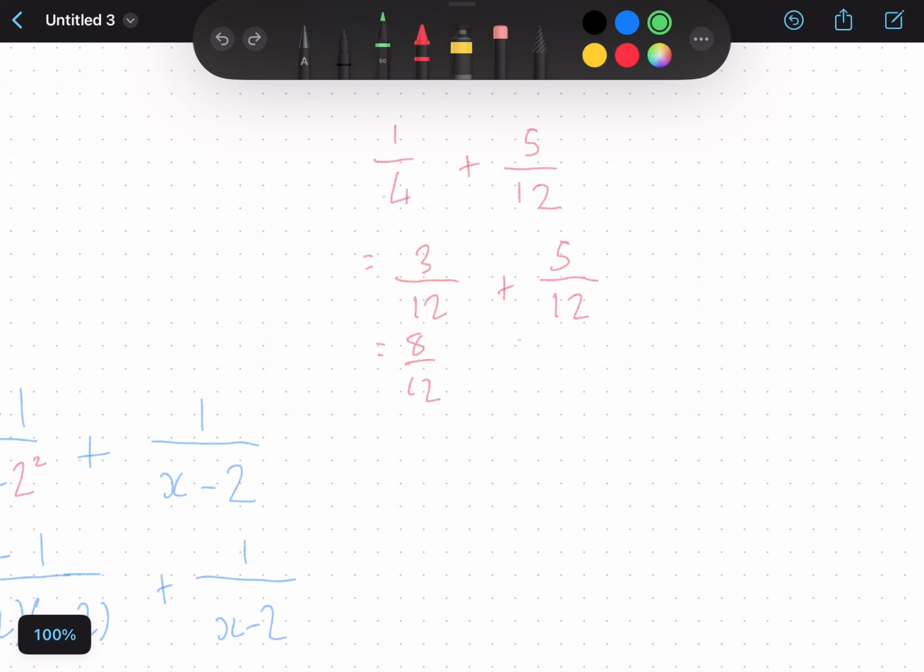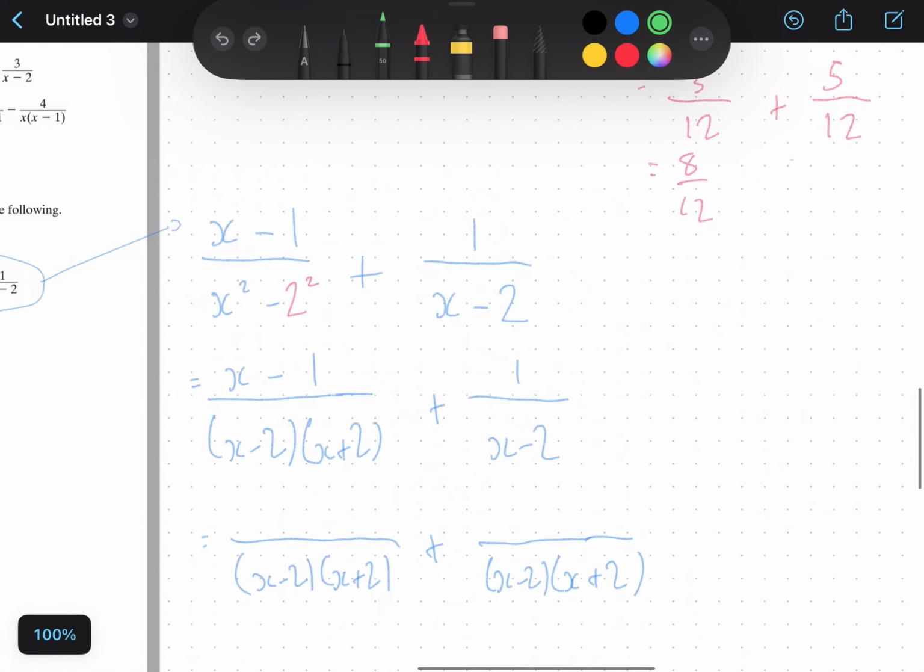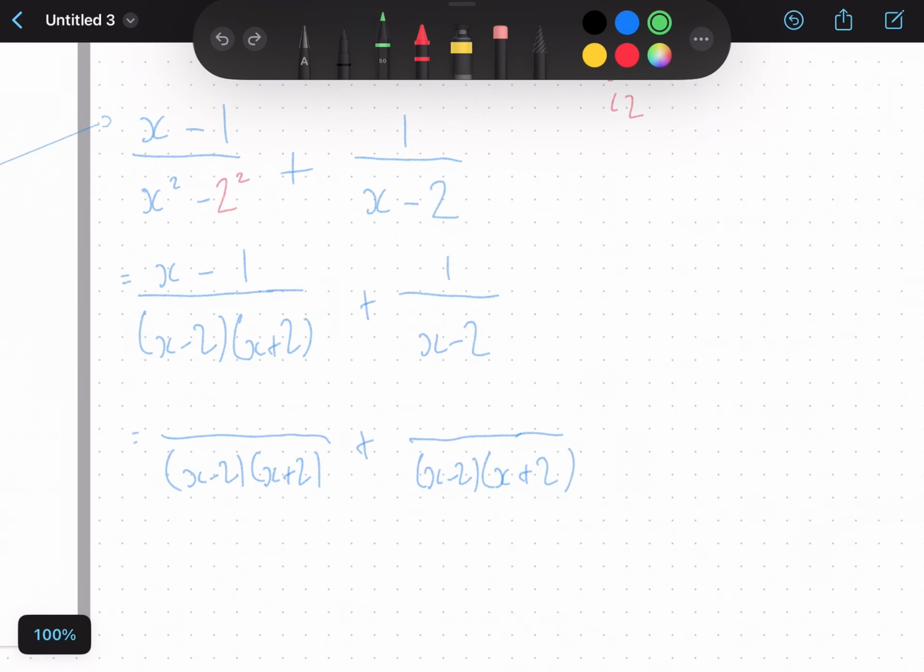The 12 will do. It is a lower common denominator that the 4 and the 12 both divide into. You don't need to use this multiplied by this as the common denominator, because both of them divide into just x minus 2, x plus 2. Obviously, the x minus 2 also divides into that.